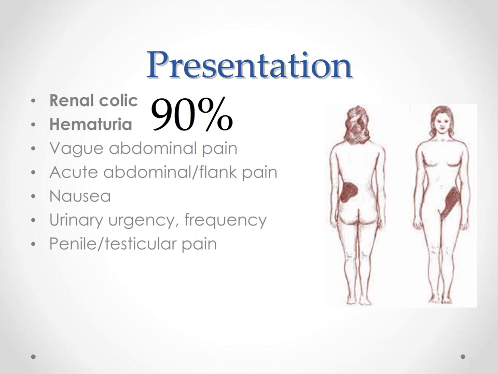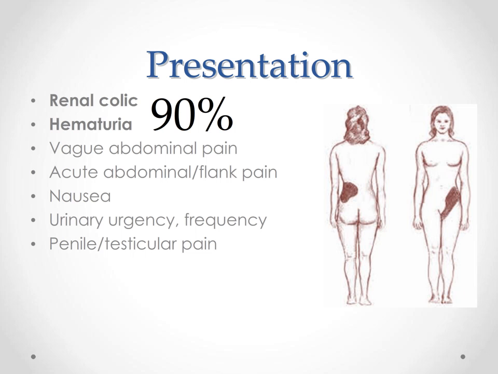So renal colic, hematuria, and a positive plain film X-ray is a typical presentation for 90% of the people who show up with urolithiasis. Some people can have vague abdominal pain that is kind of like some other abdominal inflammation, for example, diverticulitis or appendicitis.